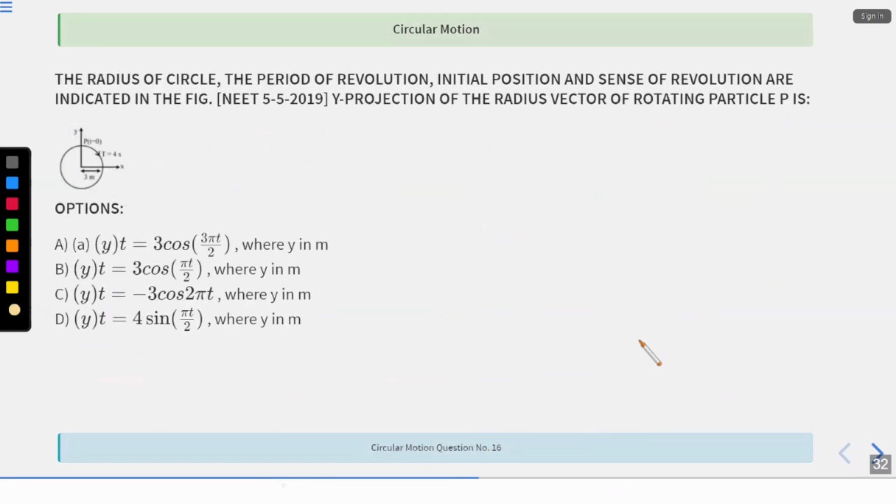Okay. So moving on to the next question. The radius of the circle, the period of revolution, initial position, and sense of revolution are indicated in the figure. Y projection of the radius vector of rotating particle P is?